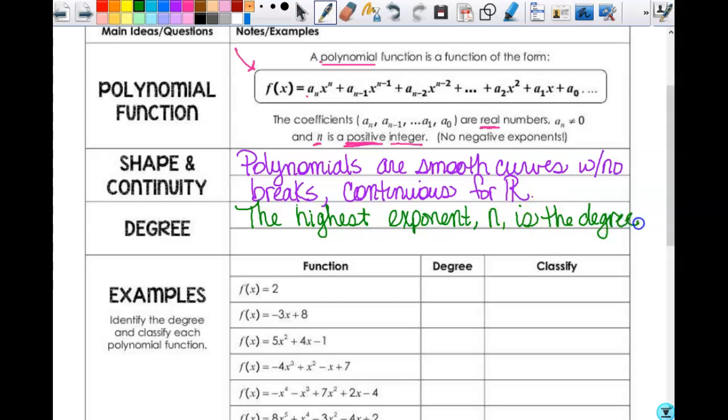Okay? So the highest exponent, not the first, but the highest. That's why you always want to put them in order, okay, from greatest to least. And polynomials are classified by degree. Okay.